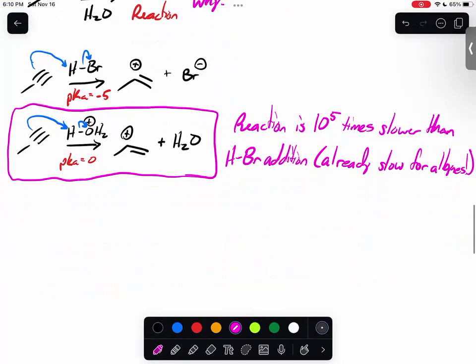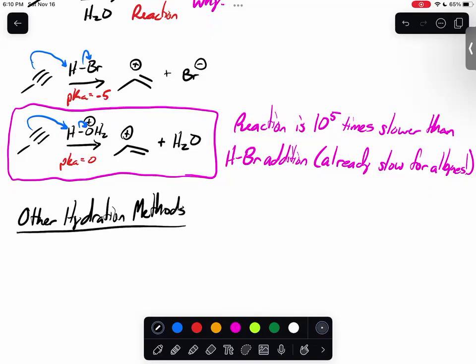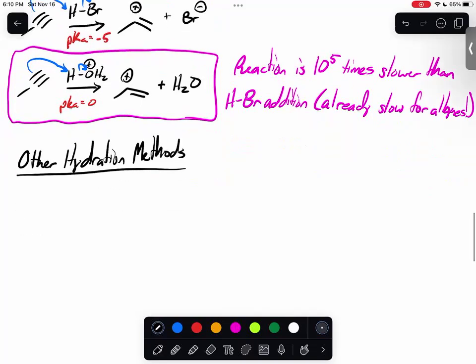And so what are those other hydration methods? Well, they're actually going to be the same ones that we saw from our alkene chemistry. Because think about it, that wasn't the only way that we hydrated alkenes.